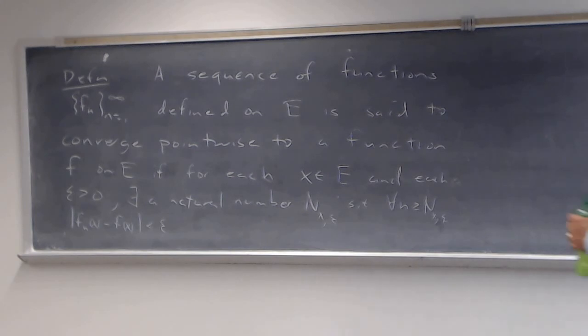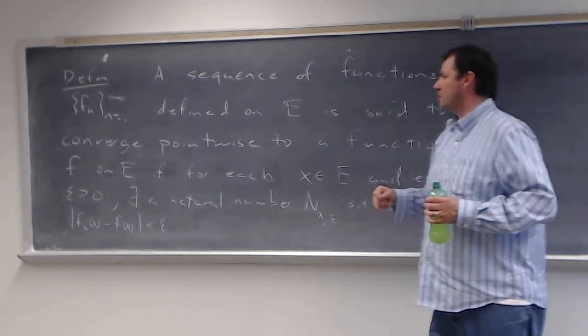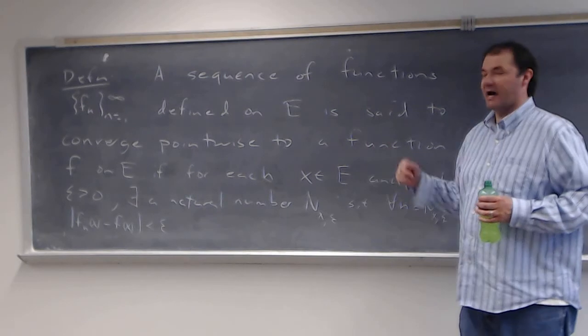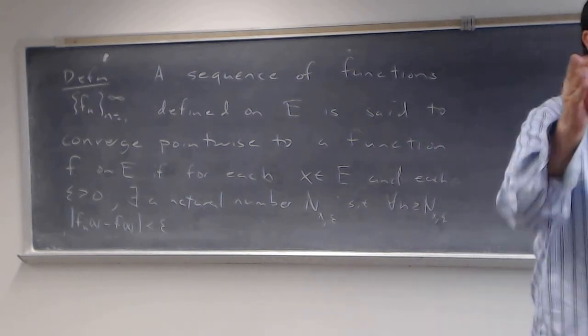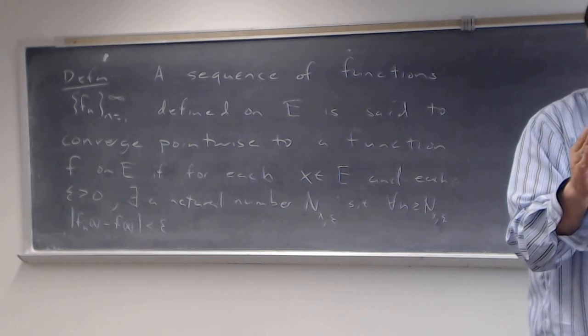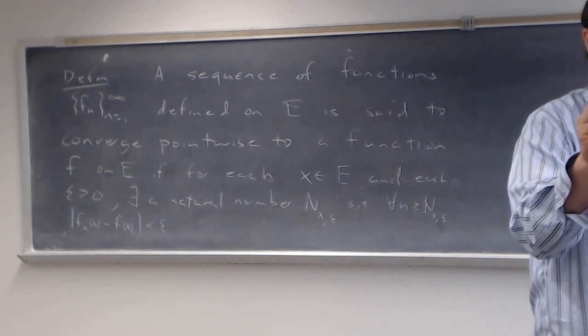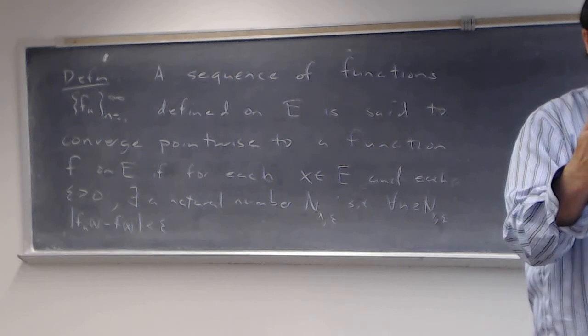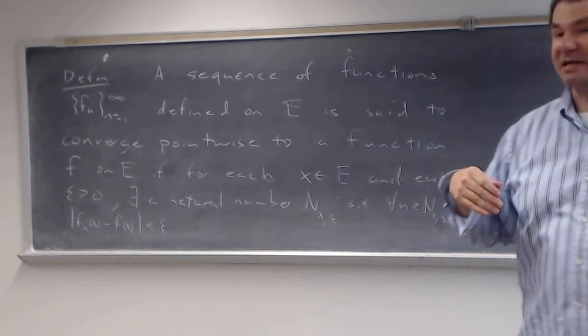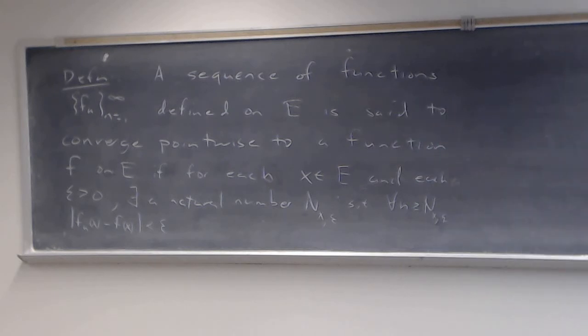In the notes, what does it mean for this sequence of functions to converge pointwise to f? It means for each of the x's, f sub n of x converges to f of x. So you give me an x, fix that x, then I can show that sequence of numbers, complex numbers, we're talking about complex valued functions in general here, that sequence f sub n of x.